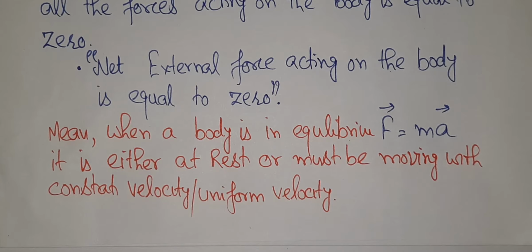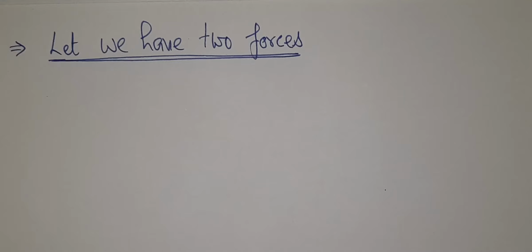Okay, so after knowing about concurrent forces and equilibrium, now let's go ahead with equilibrium of concurrent forces. We have two concurrent forces acting at a point or body. Okay, the body is a point mass basically.